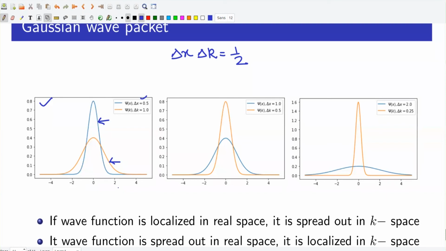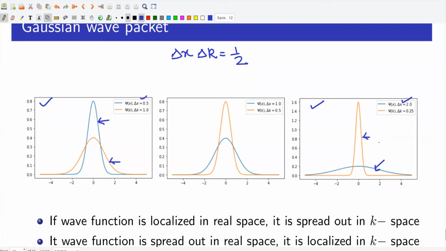On the other hand, when delta x is large, the wave packet is spread out in the real space but localized in the k space. For example, look at figure 3. In this case, delta x is 2, and then we see that the wave function in real space is really spread out and the wave function in the k space is somewhat localized.